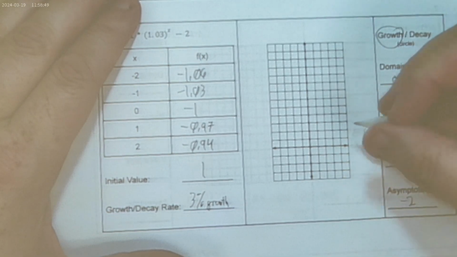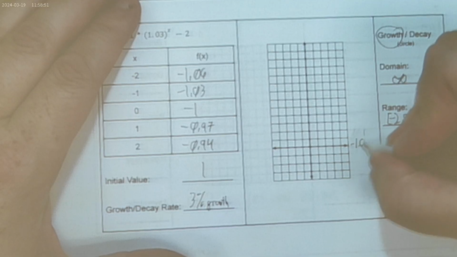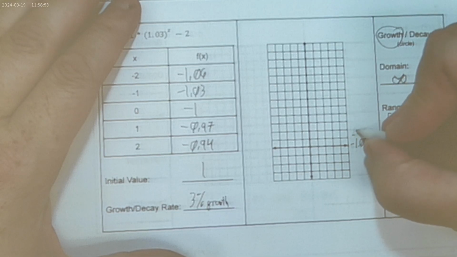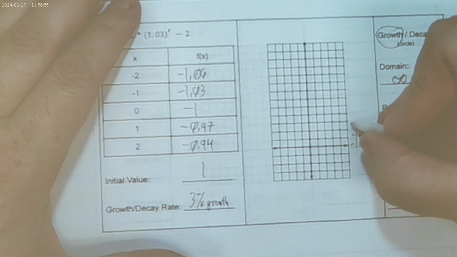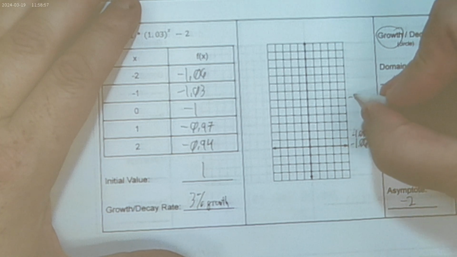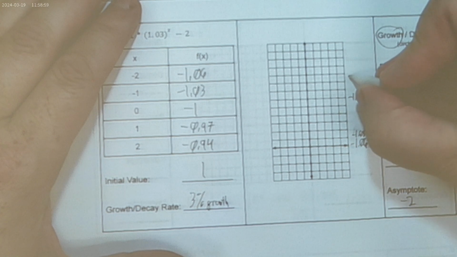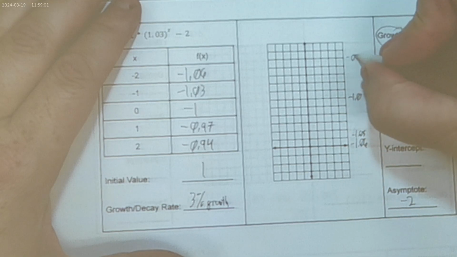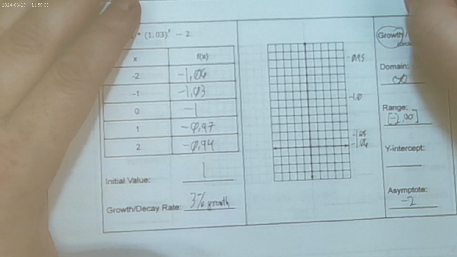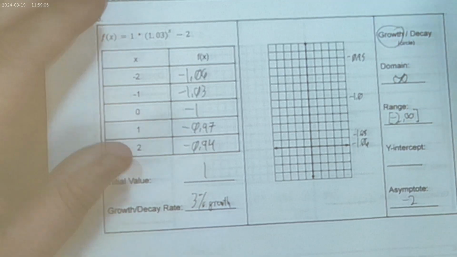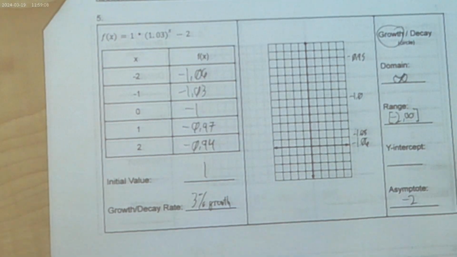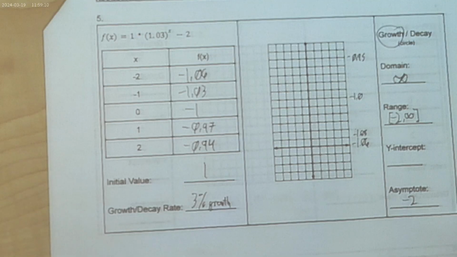Negative 1.05, 1.04, 1.03, 1.02, 1.01, negative 1.0, 0.99, 0.98, 0.97, 0.96, negative 0.95. There we go. Okay, yeah. That'll be a decent enough scale.